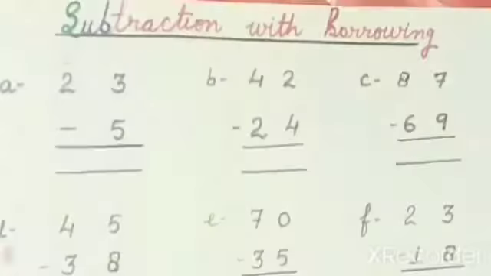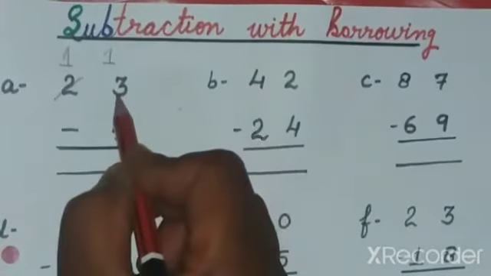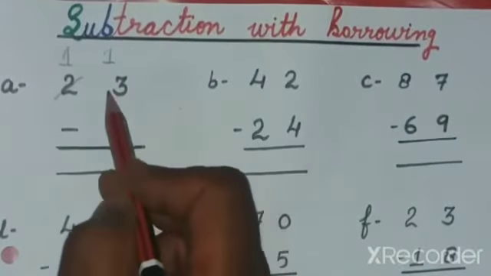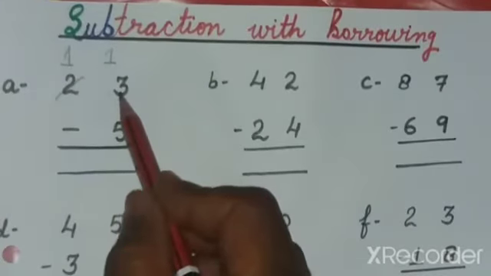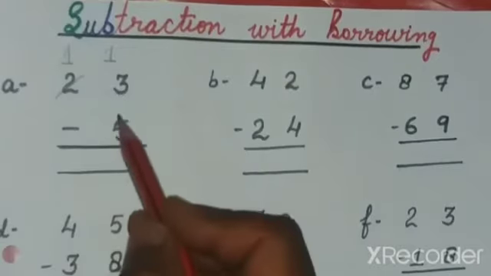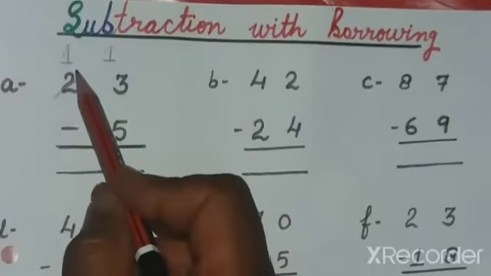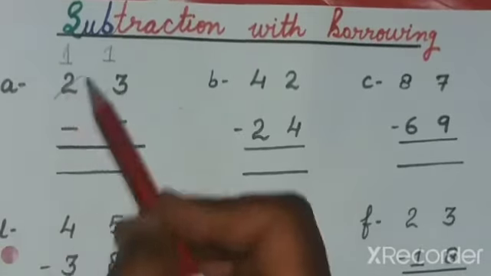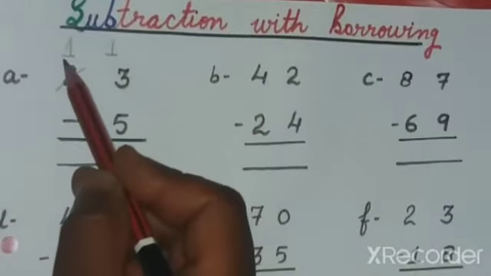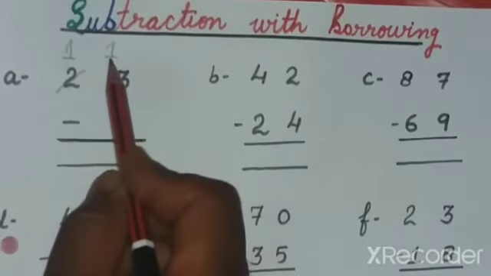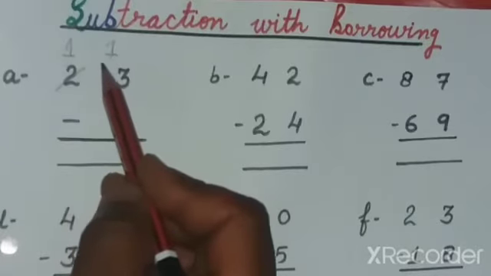Clear? Now we are going to give 1 to 3. You might think it becomes 4, but that's not right, because we need to remember the place value of this number. 2 was in the tens place, so we actually borrowed 1 ten, that is 10.